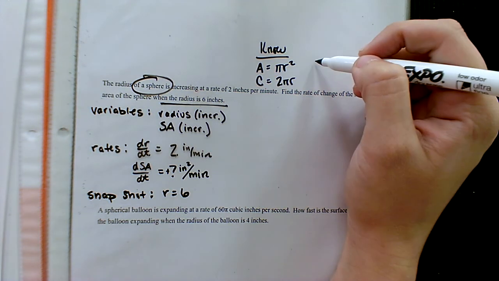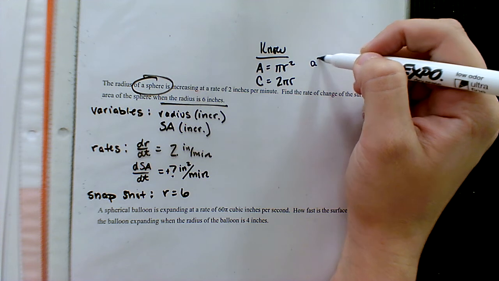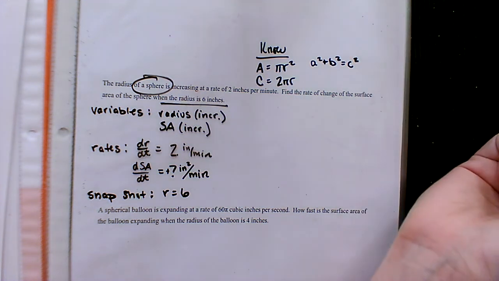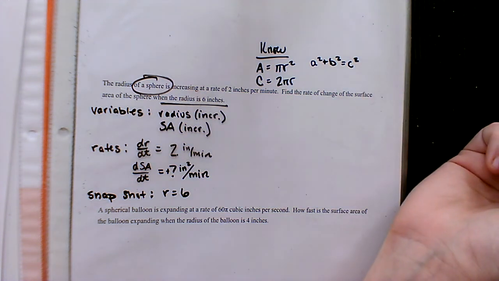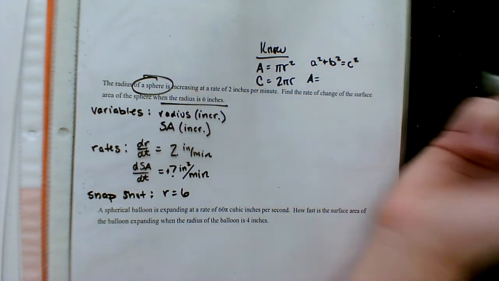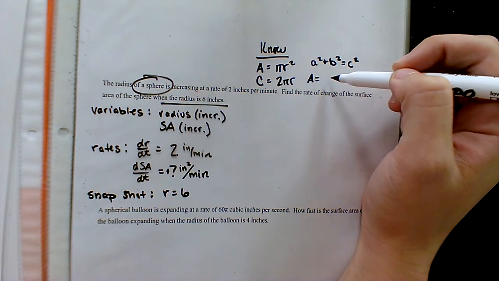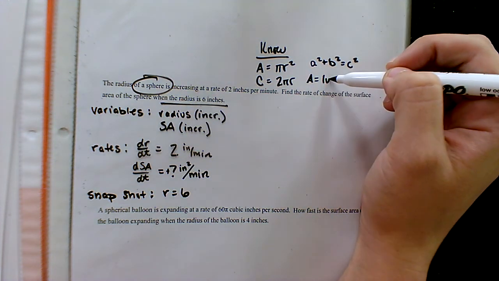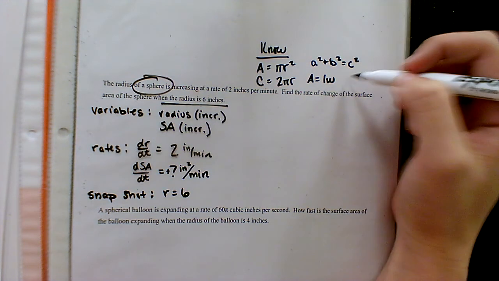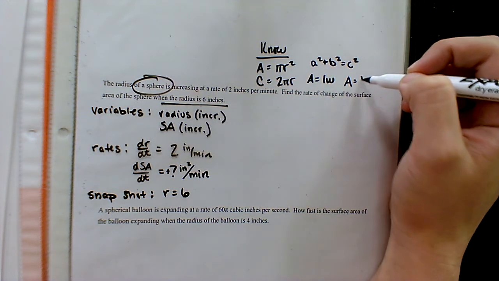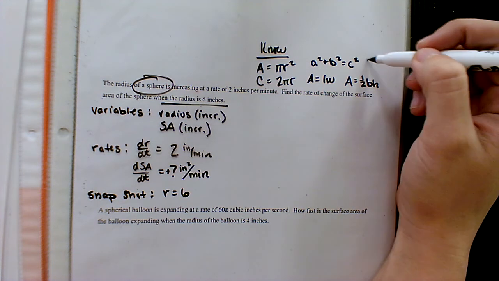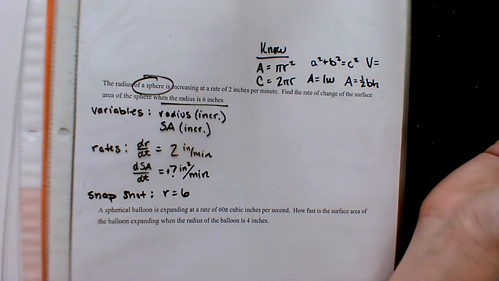Pythagorean theorem. Do we know it? A squared plus b squared equals c squared. What about the area of a rectangle or square? Length times width, base times height, whatever wording you want to use. Area of a triangle? 1/2 base times height. Volume of a cube?